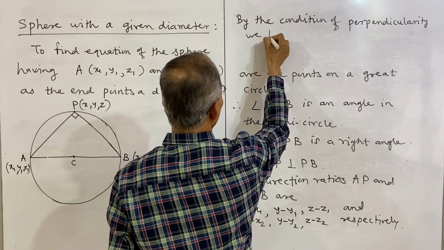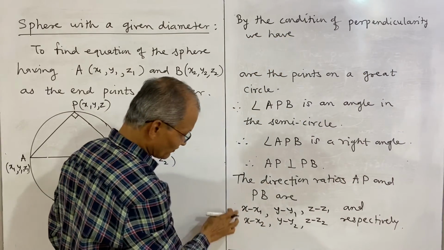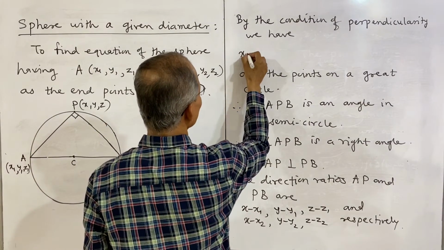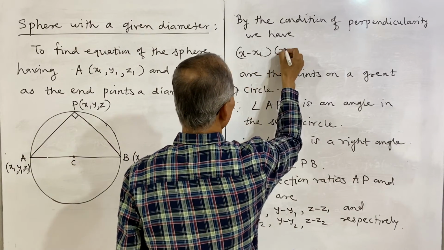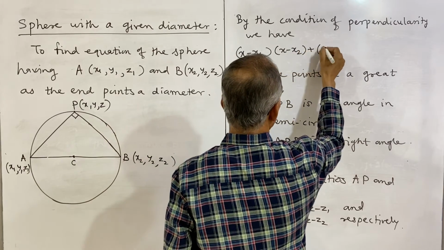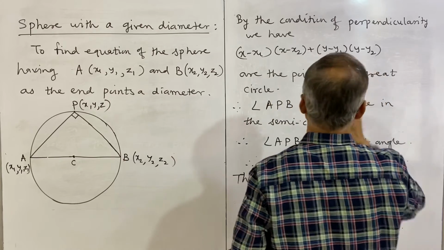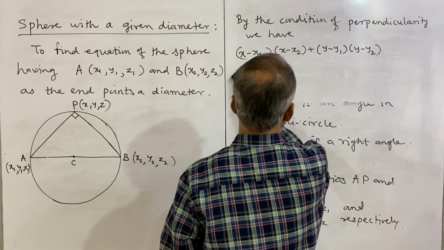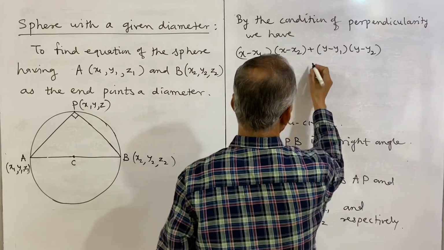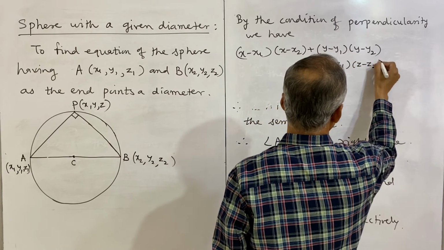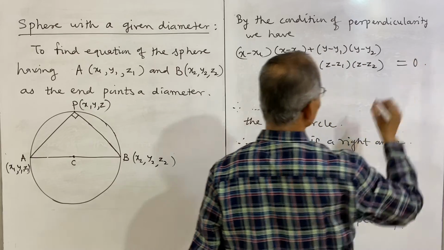So we have the sum of the products of these direction ratios: (x minus x1)(x minus x2) plus (y minus y1)(y minus y2) plus (z minus z1)(z minus z2) is equal to 0.